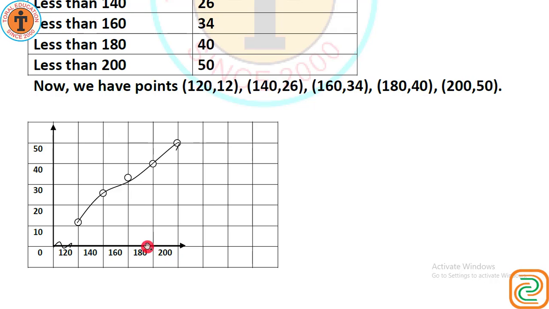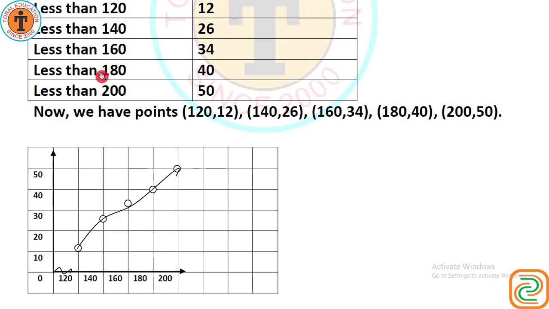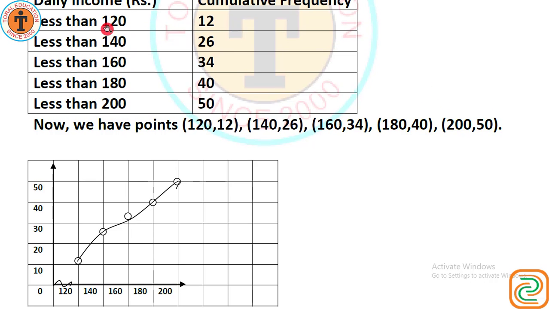This is the x-axis and this one is the y-axis. At 120 we have 12. This point is 10, above 10 is 12.